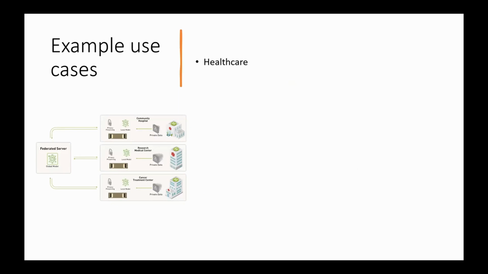Some example use cases, for instance, could be healthcare. In healthcare, we often don't like to share the images of, let's say, an MRI or some medical image taken from the patients, and we don't want to share any identification that leads to leaking personal data.